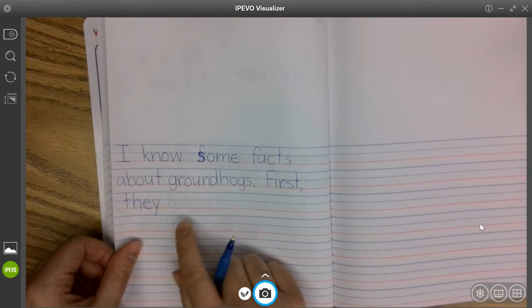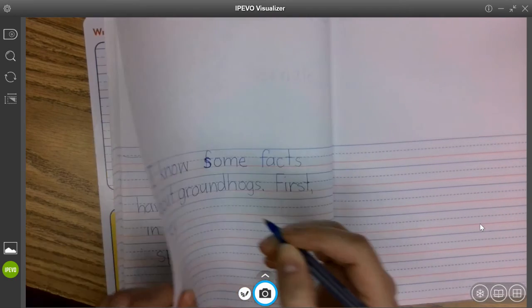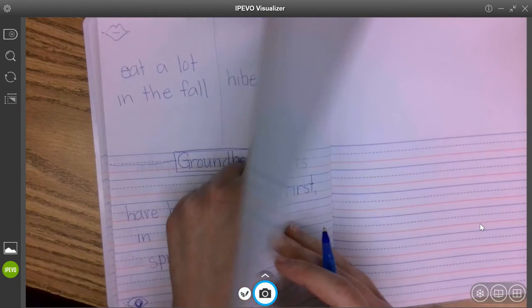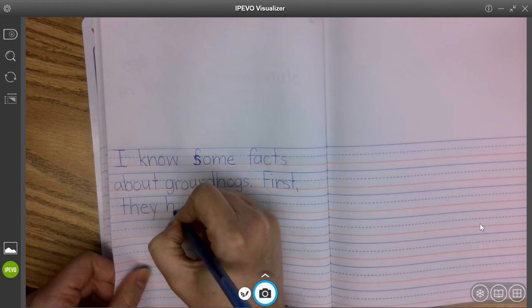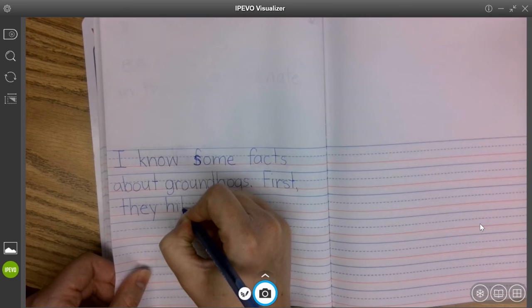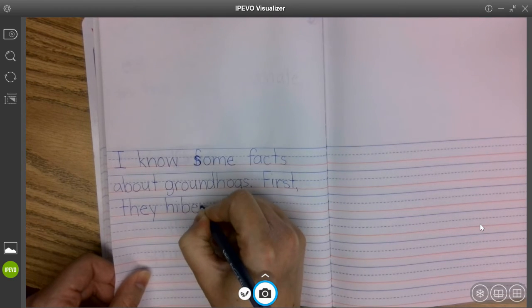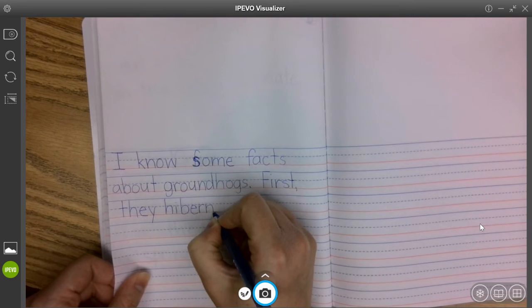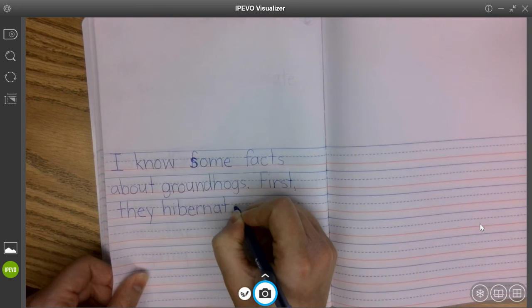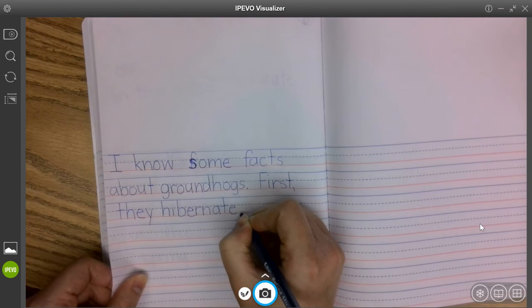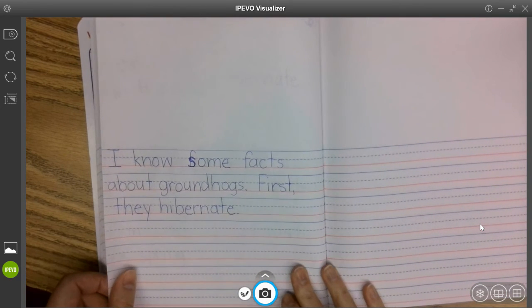I can just use they. First, they hibernate. And I can go back and check it from my notes from earlier.